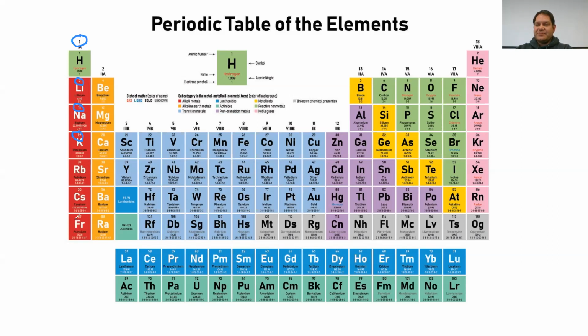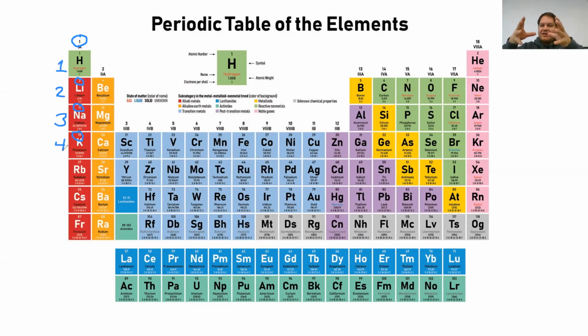But we also have to account for one other problem, and that is we're also adding more electrons to those atoms as well. Well, where are we adding those additional electrons? We're adding them to the core level, because as we're going down, remember that we're adding 1 more electron shell. We have 1 electron shell, and then we add a 2nd electron shell, then we have 3 electron shells and 4. So every time we're moving down a group, we're adding an additional electron shell. You know that, okay?